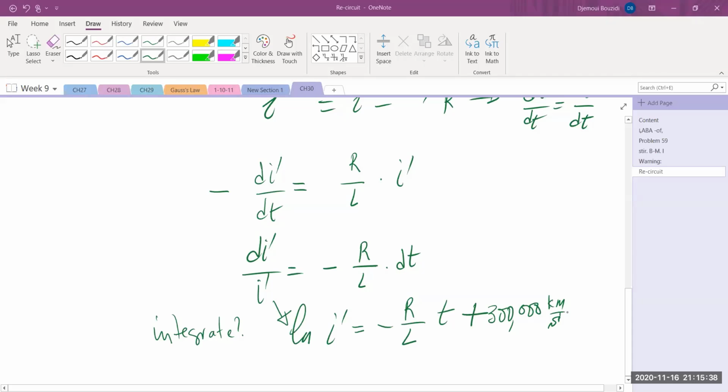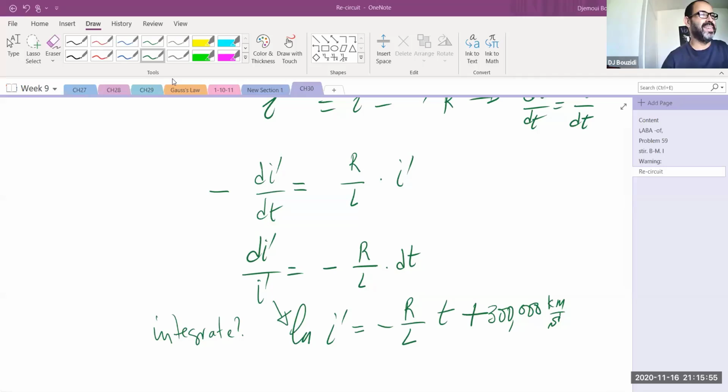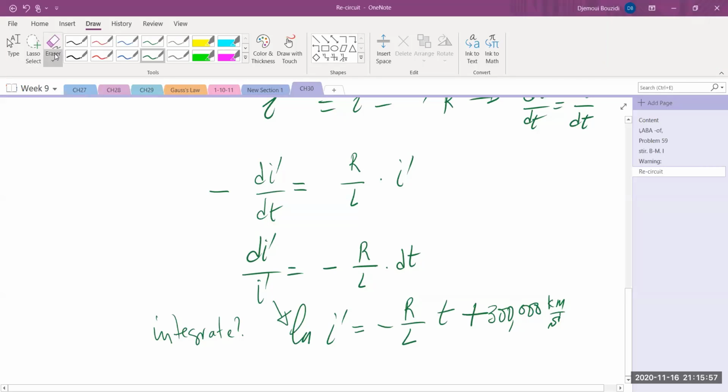Wait, where did you get 300,000 kilometers per second? C, the speed of light. No, I was just thinking about integrals, when you have an indefinite integral, you just put C. That's the only C I know. Oh, you mean constant. Okay, yeah.